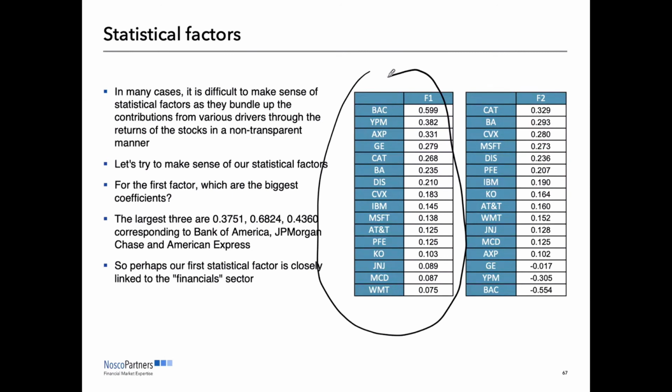Coming back to my question, what could factor 1 be? And you now look at the weights of factor 1, right? By the way, I have ordered these weights so that the highest weight is at the top. So this is Bank of America, JP Morgan, American Express, General Electric, and you know that General Electric was more or less a bank at that point as well.